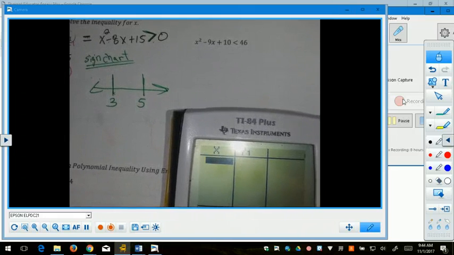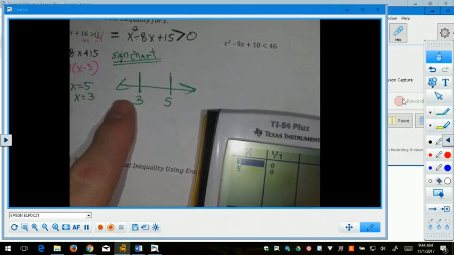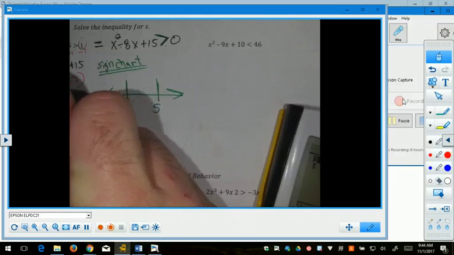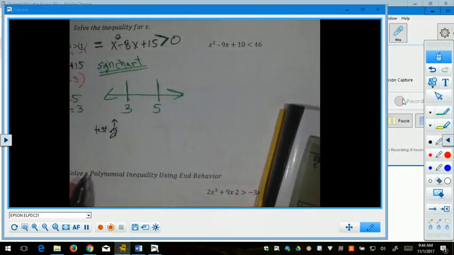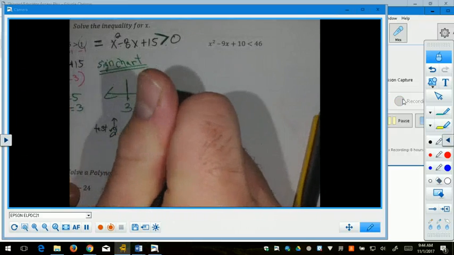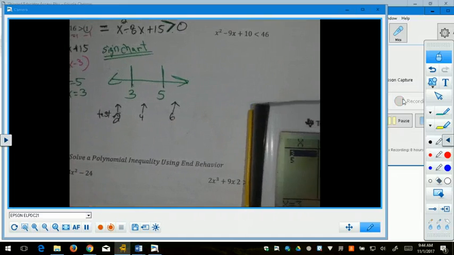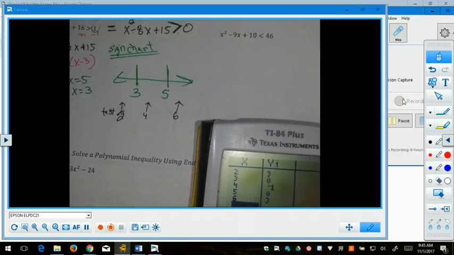And if I put in 3 and 5, I get 0. That's great. But I need to plug in a number to the left of 3, so I'm going to test 2 to get my sign there. I'm going to test 4 to get my sign there, and I'm going to test 6 to get my sign for that value. So in my calculator, I'm going to plug in 2, 3, 4, 5, 6.